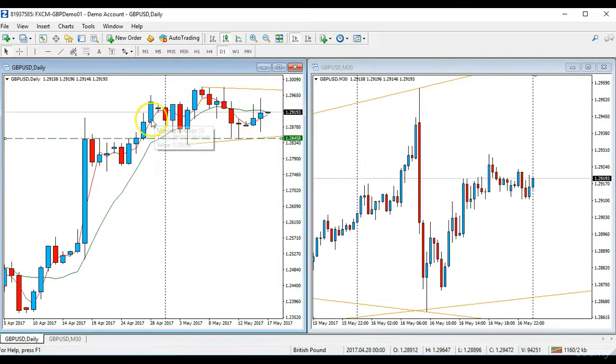We can see that these daily candles for basically the whole of May have just been moving sideways.